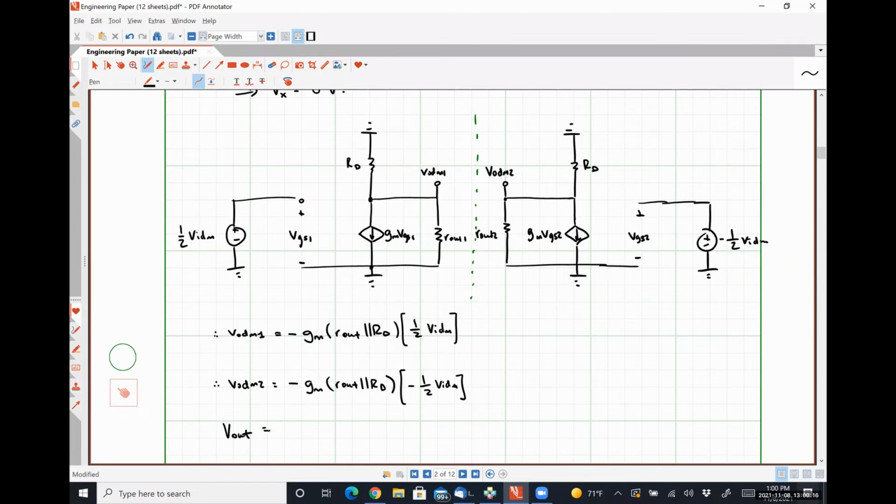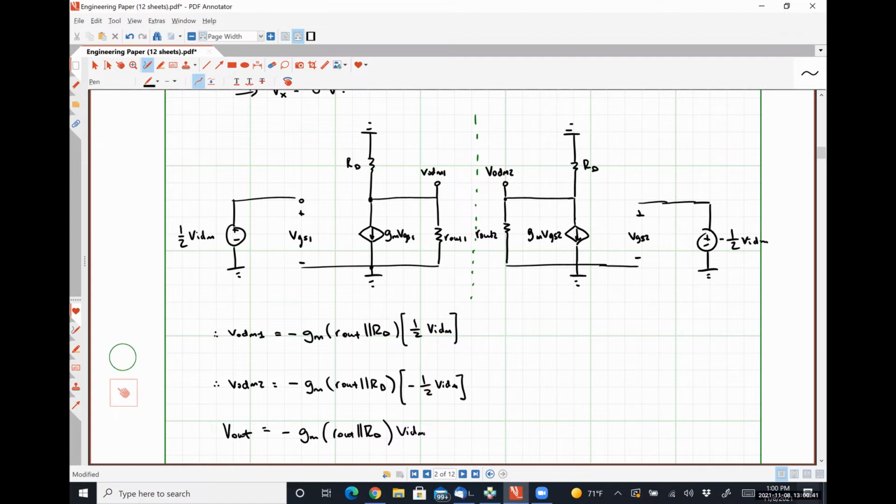Our output voltage is just negative GM R out in parallel with RD times our total input differential mode signal. Right?